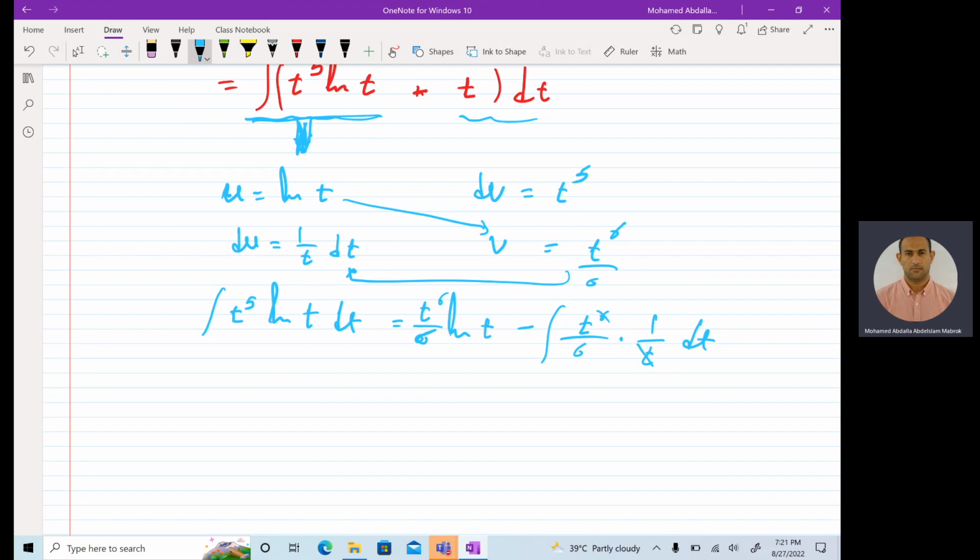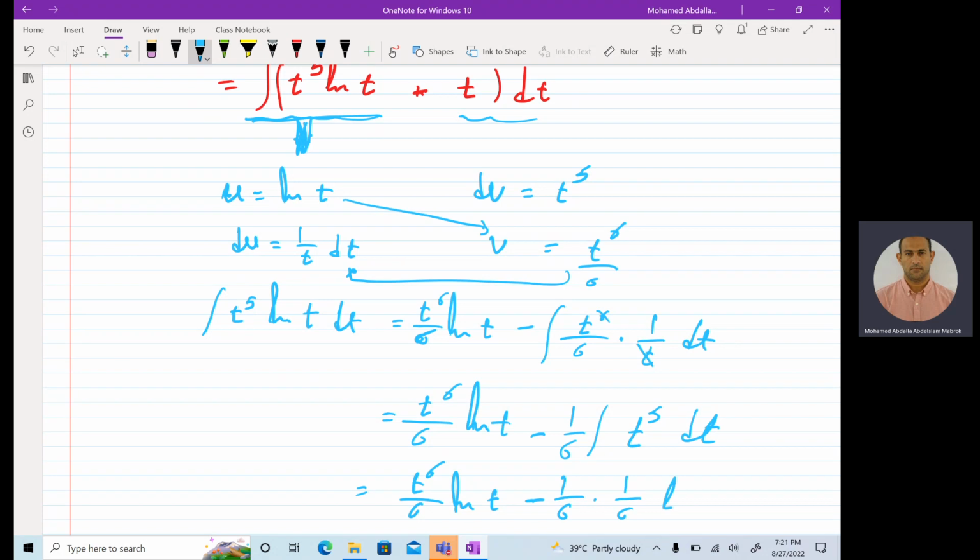Here goes 1 over 6, which is t to the power 6 over 6 ln t, minus 1 over 6 integrating t to the power 5 dt, which is t to the power 6 over 6 ln t, minus 1 over 6 times 1 over 6 t to the power 6.